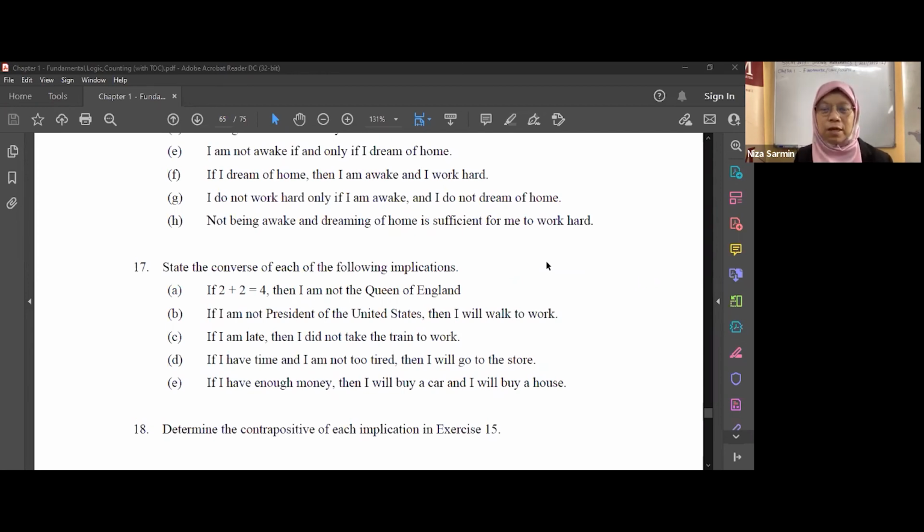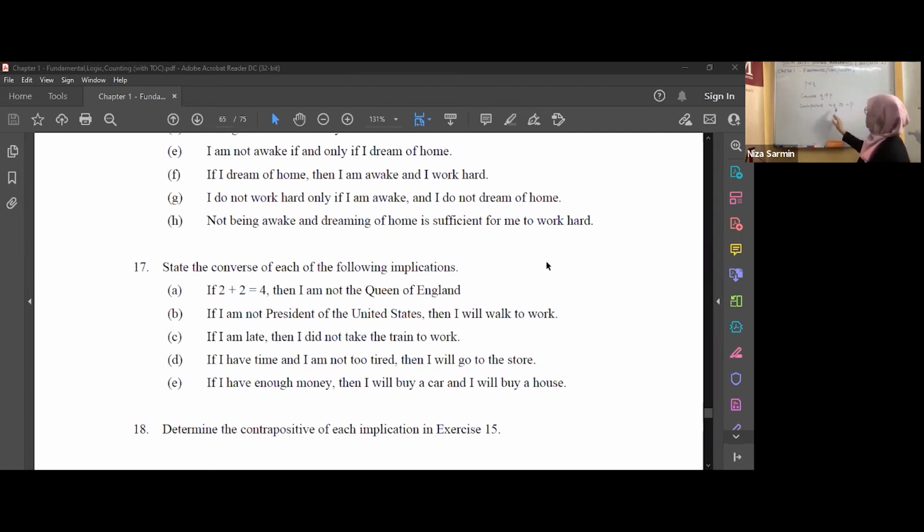That's the converse. That's why the converse is not necessarily always true. Yeah, but the contrapositive is true. Contrapositive. Converse, this is the implication. The converse is this. And the contrapositive is this.